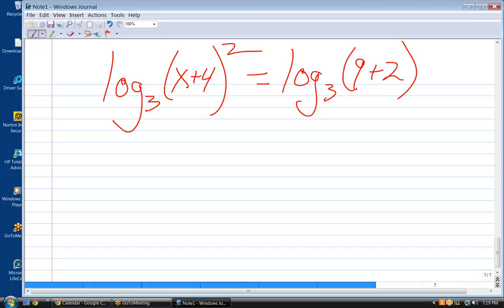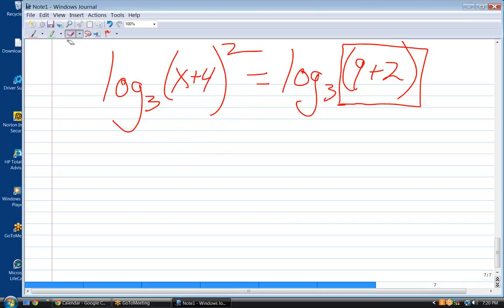Now, what can I say? Since I have the log base 3 of this entity equals the log base 3 of this entity, what has to be true? The arguments have to be the same. Think of it as dividing both sides by log base 3, even though that's not at all what we're doing.